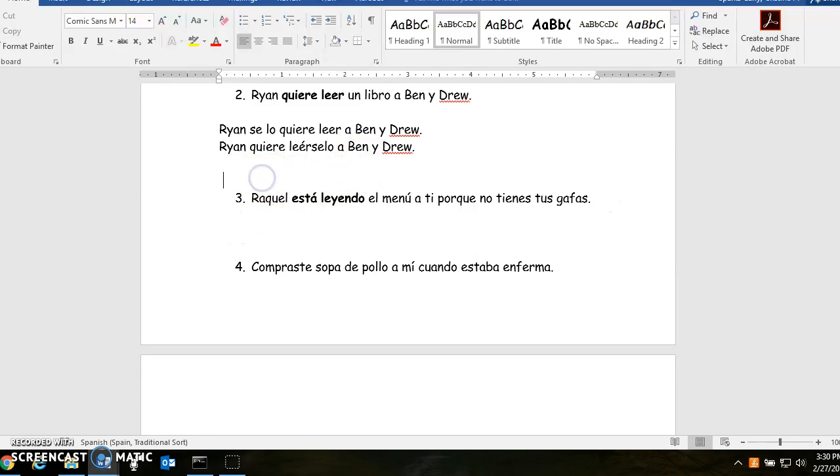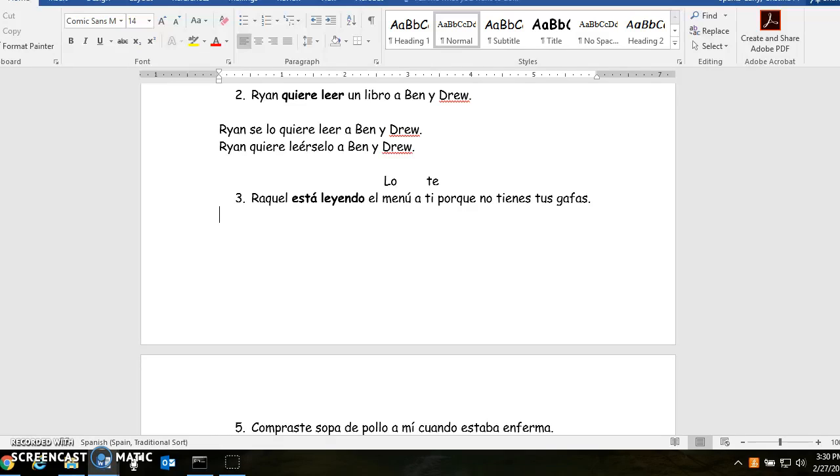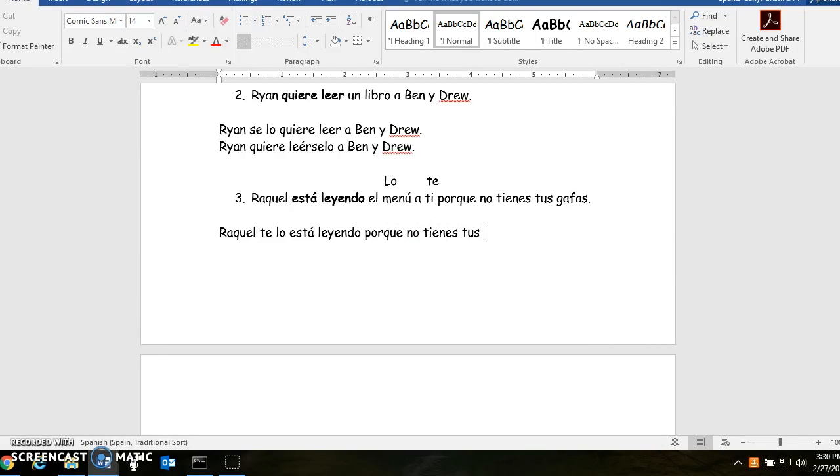So, we're going to replace el menú with lo, a ti with te. Don't have to worry about changing te to anything. 2 verbs, 2 ways. Raquel te lo está leyendo porque no tienes tus gafas. 2 verbs, 2 ways.